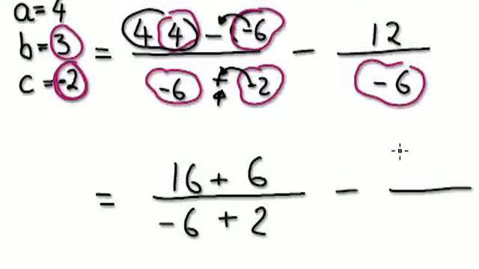And then here, normally if you have something like 30 divided by -5, say, you would get 30 divided by 5, which is 6, and then you would look at the sign.